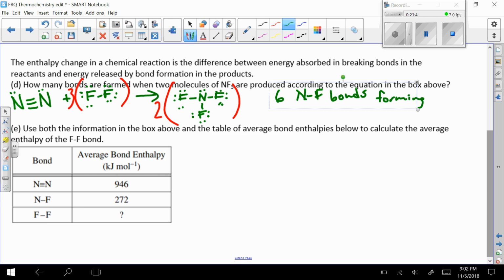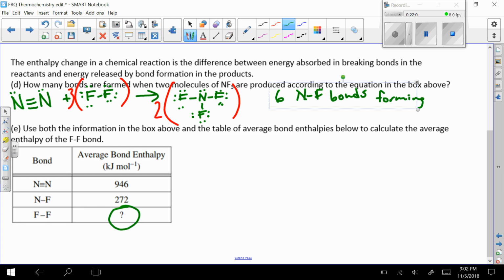Okay, if we look at the next problem, we're asked about the reaction above, and we're given these bond enthalpies, and we want to calculate the enthalpy of the fluorine-fluorine bond. We want to know what is the enthalpy of that bond.